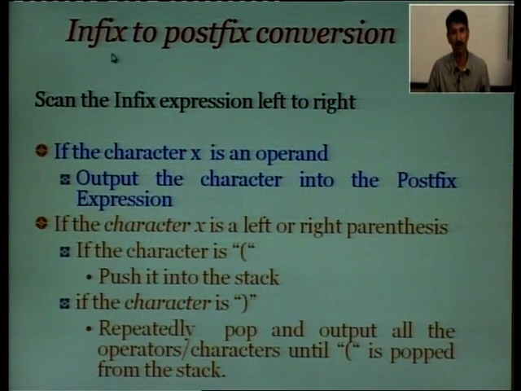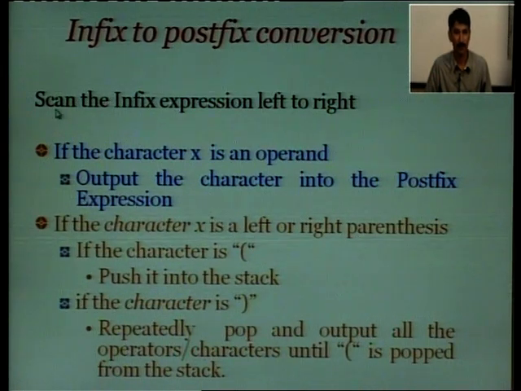I will straight away come to the algorithm and explain what is done when the conversion of infix form to the postfix form is done. Infix form contains some brackets also, it may not. Postfix is free of all the brackets, you will find only operators and operands, and it can be straight away calculated, evaluated by the machine, and to do this stack plays an important role.